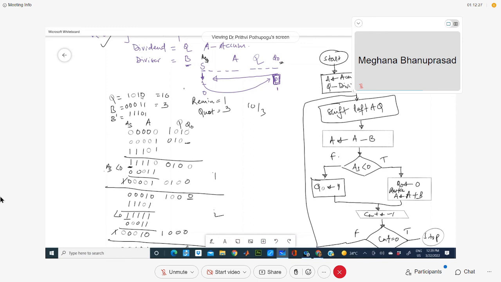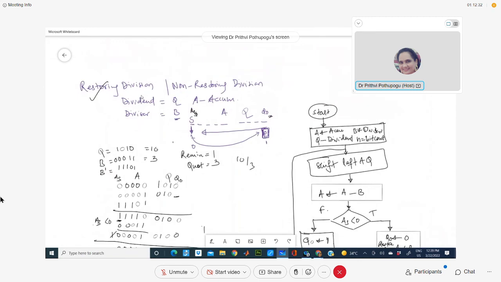Okay, I'll stop here, because the non-restoring will need more time. We'll continue and take the assignment questions. Take an example of your own choice and define Booth's algorithm, the approach of Booth's algorithm, with your own example.